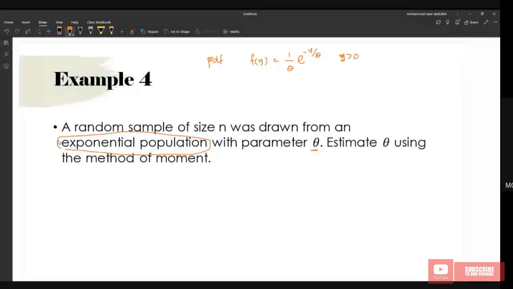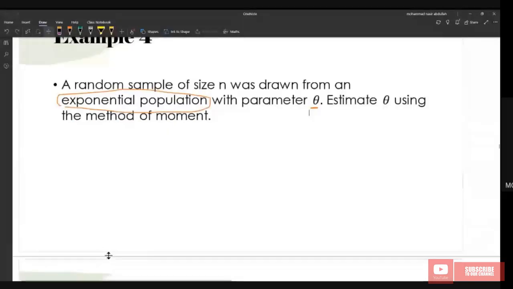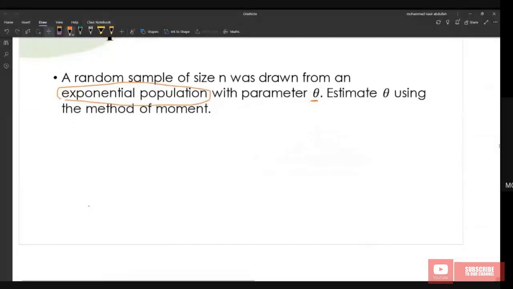So same steps. First step is we need to find the first moment about the origin, which is equal to the expected value of y. So this should be integration from 0 to infinity, y divided by theta, exponential negative y over theta, with respect to y. So this is going to be 1 over theta integration of y times exponential negative y over theta. Now we have two variables here, y and exponential negative y over theta.